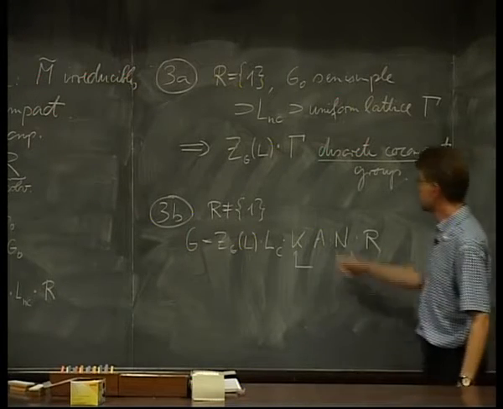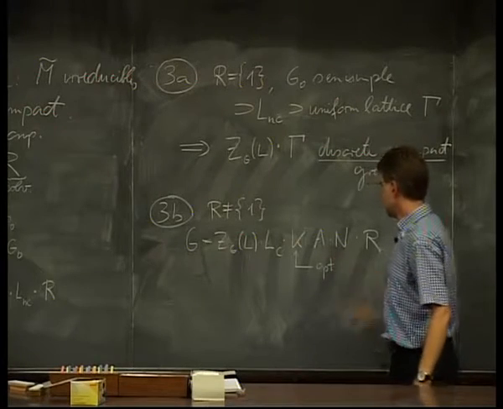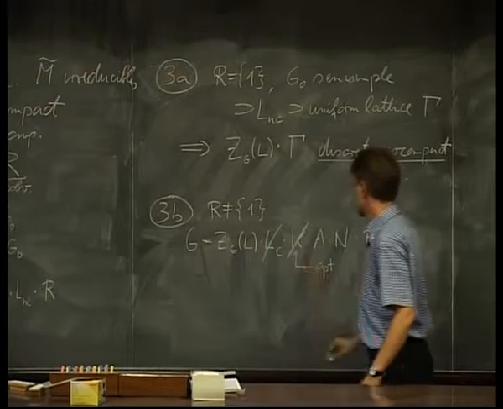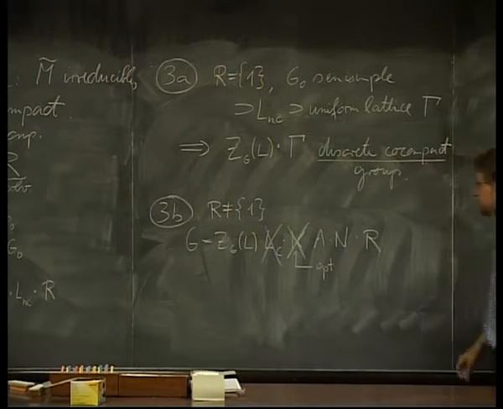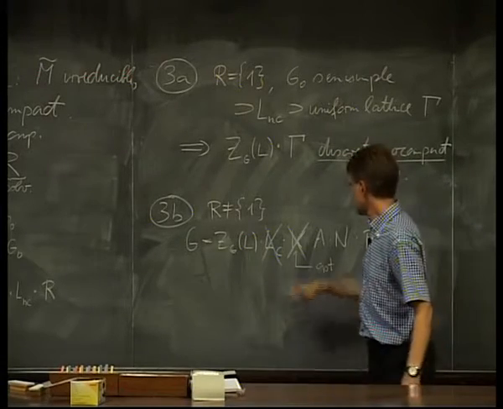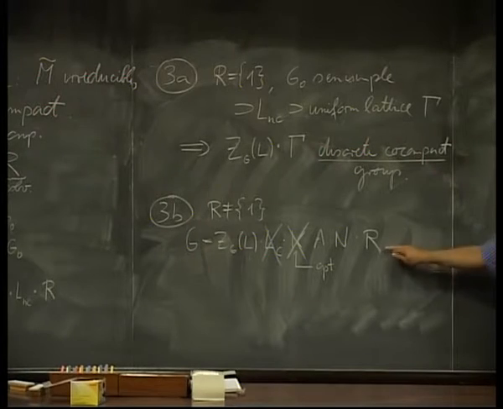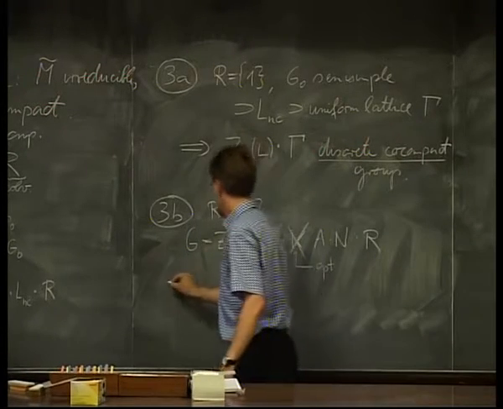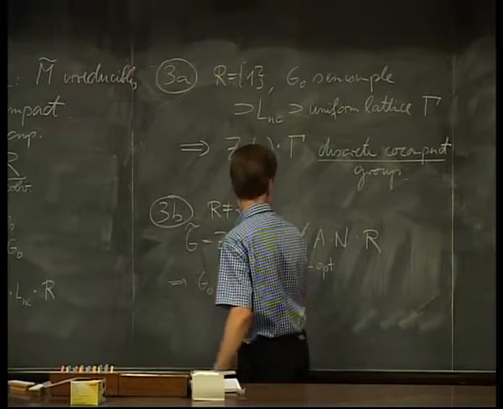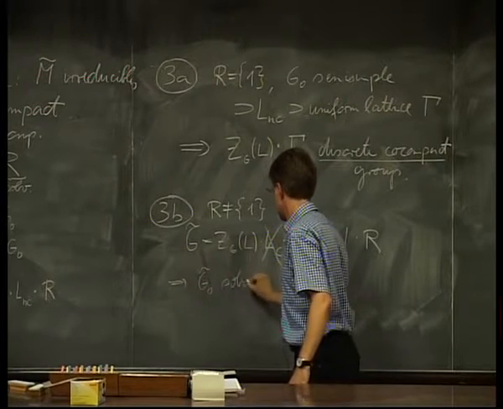But here it's possible to show this K is compact, and then we may again get rid of these two compact guys, and we will have this new group, let's call it G tilde, still acting co-compactly, and its connected component will be solvable.